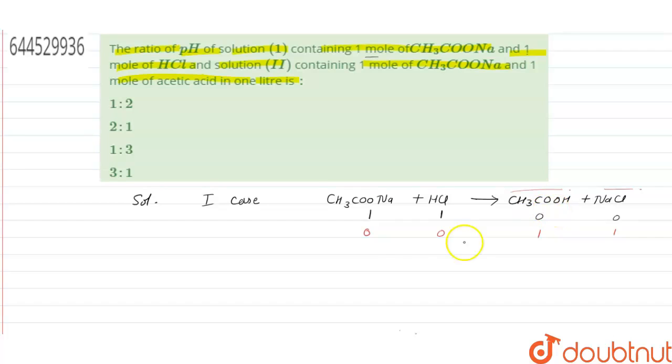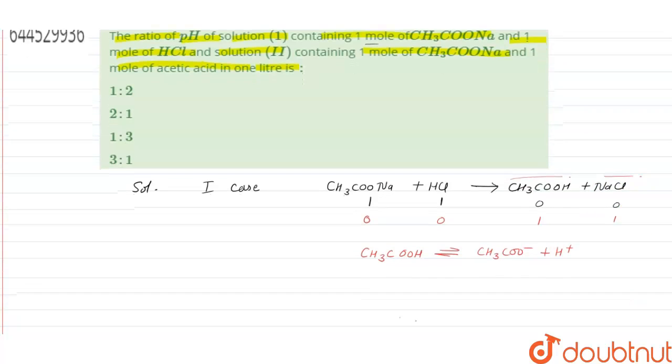Acetic acid is a weak acid, so it will dissociate feebly only. It will give few H plus ions and will be in equilibrium with the acetate ions and the H plus ions. NaCl is neutral in solution, so we won't be considering it. Now, let's calculate the H plus ion concentration in the solution, which we finally got.